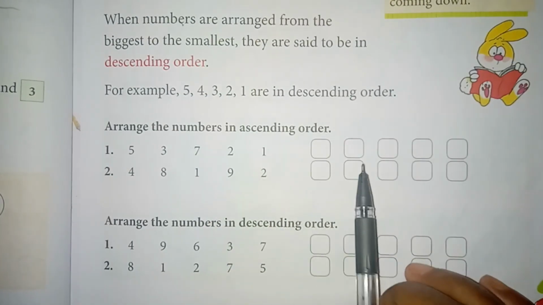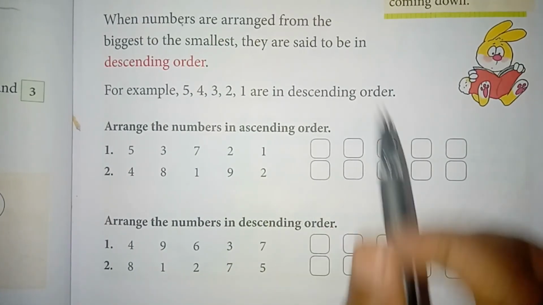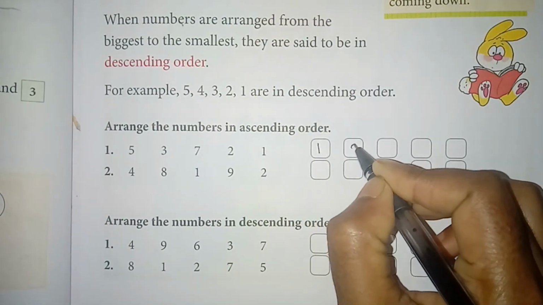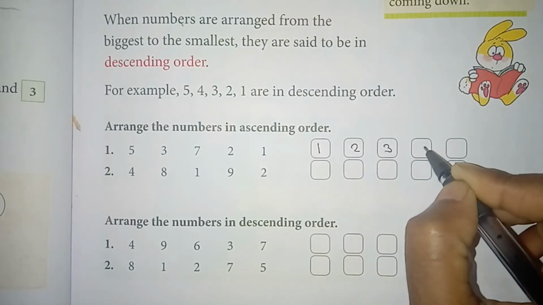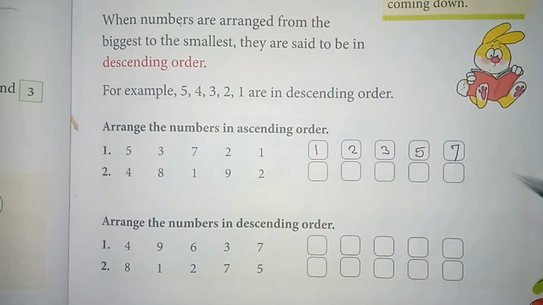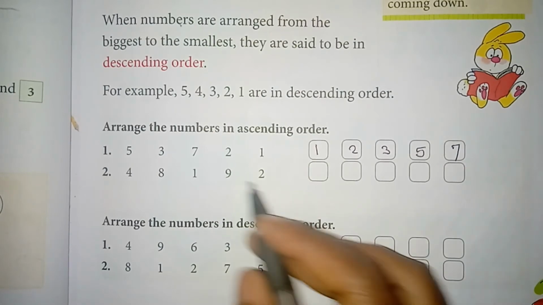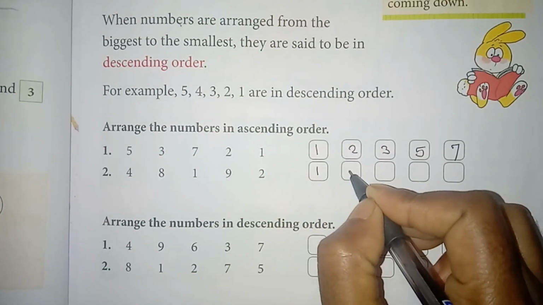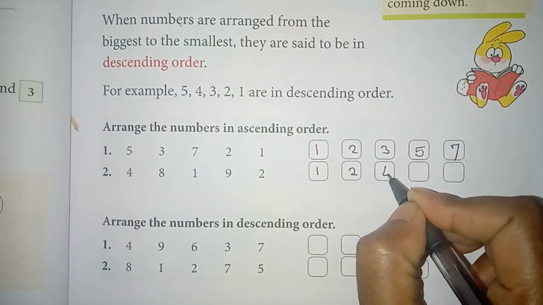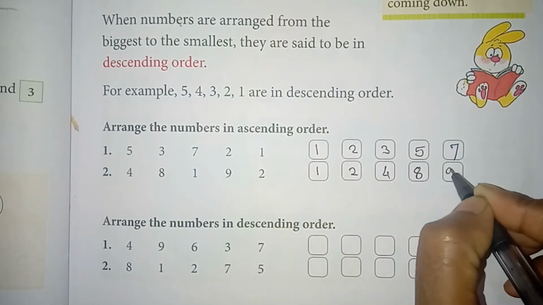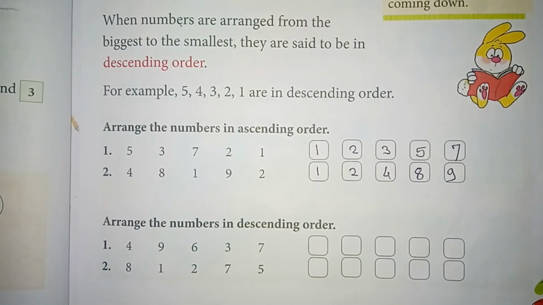Here we will arrange by ascending. See, 1 is small, then 2, 3, 5, 7. We have arranged from small to big. 1, 2, 4, 8, 9. Now here we will understand descending.